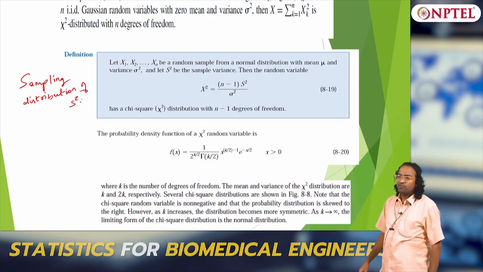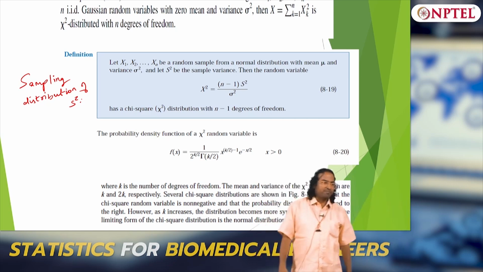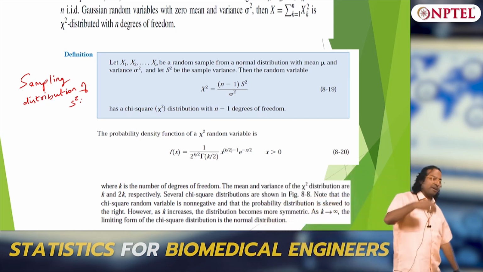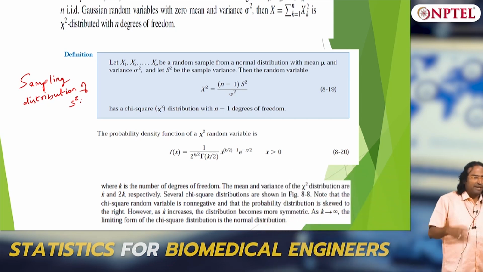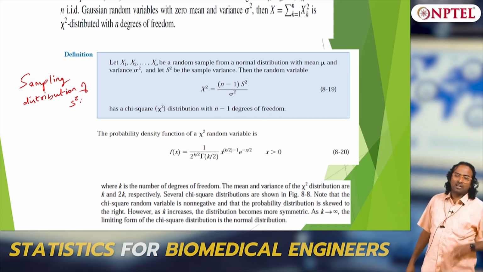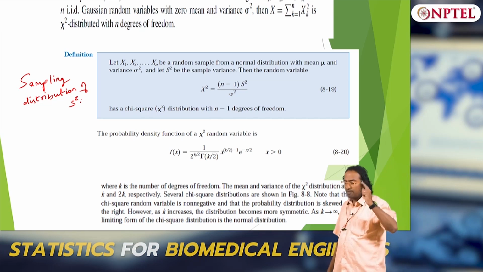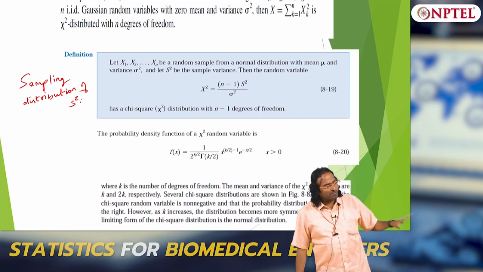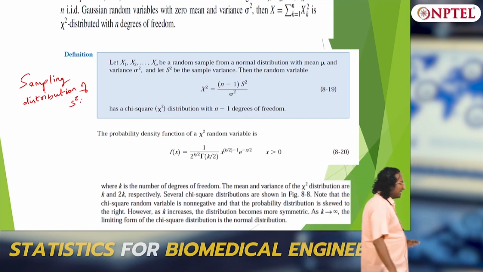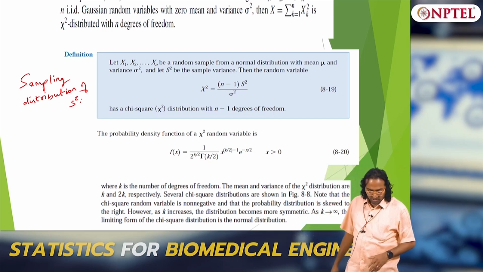We have talked about the sampling distribution of x bar, which for a large population is simply normal, given the assumption of the central limit theorem, and for a small population you have to assume that the underlying population is normal and it becomes the T distribution. Here we have a very neat theorem, and I am not going to prove this.